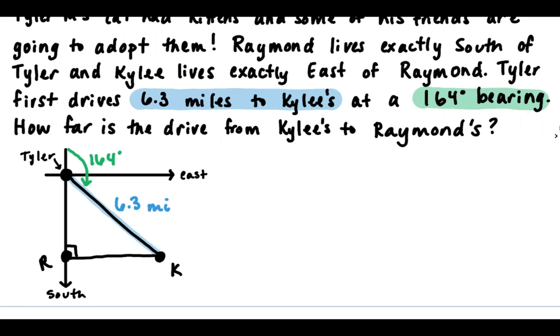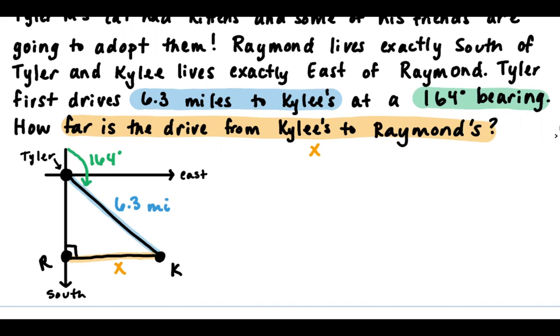Okay, here's our question. How far from Kylie's to Raymond's? Okay, and that's a side this time, so let's use the variable x for that. Kylie to Raymond, that's this bottom side on our map, so that's where x is going to be.